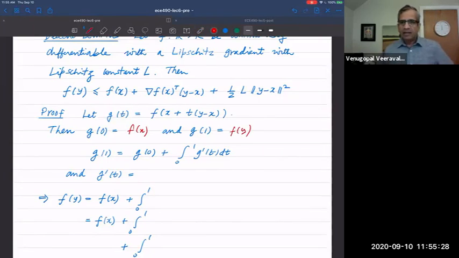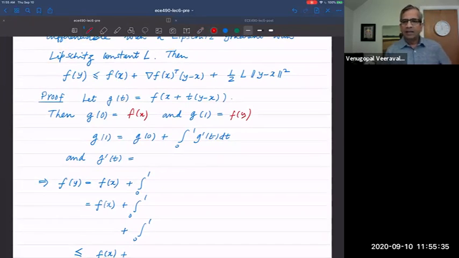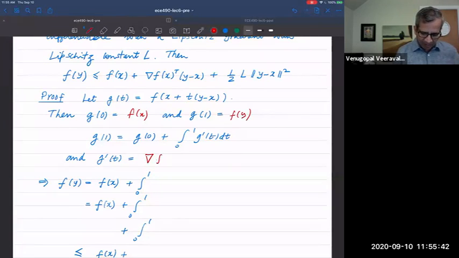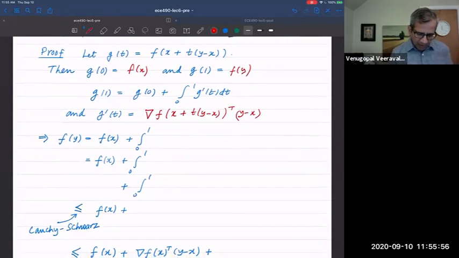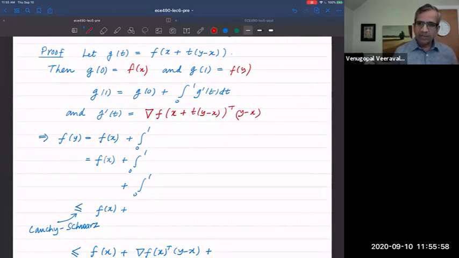And we have the relationship g1 is g0 plus integral 0 to 1 g prime t dt, and g prime of t, we know from a lot of things we've done, can be written in terms of the gradient. We've done this in the past several times. Gradient transpose y minus x. Okay, so let's plug that in. So f of y is the same as f of x plus the integral over the gradient.